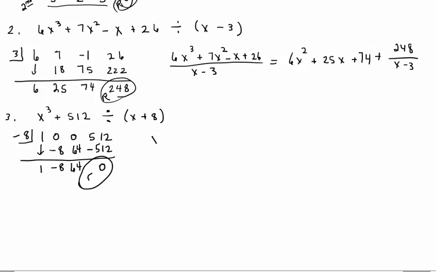So rewriting this as a fraction. The quotient, these are the coefficients of the second degree quotient. So that'd just be 1x squared minus 8x plus 64.